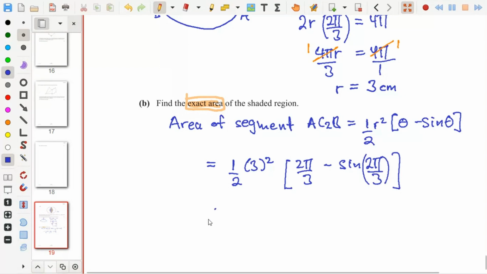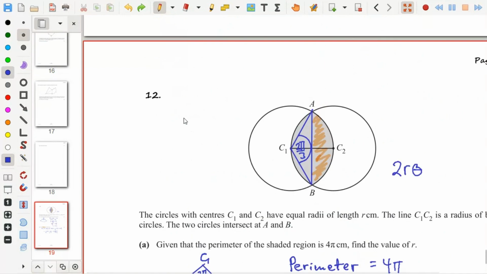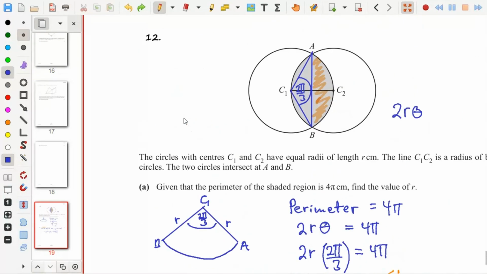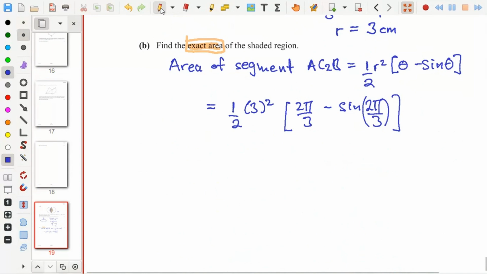So here I'm getting this value. Now since I'm looking for twice the area of the segment, this side is part. So I'll multiply by 2. Whatever I've got, I'll multiply by 2.